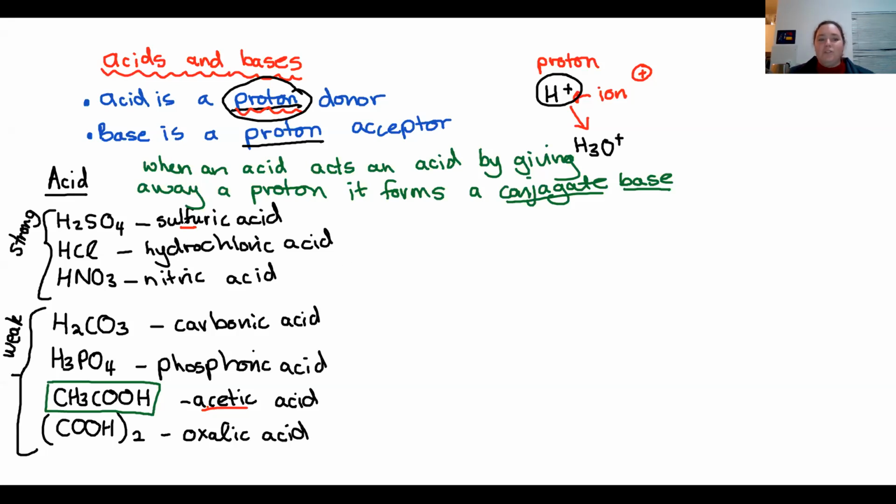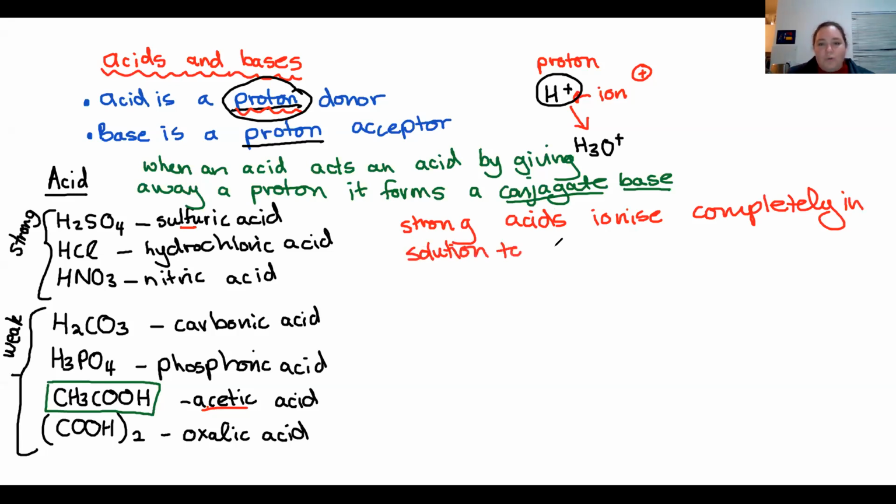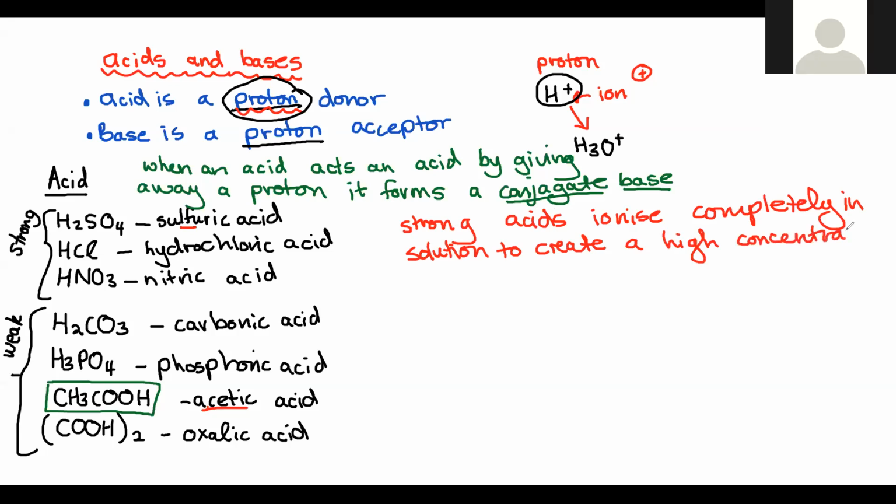I want to talk about what makes something a strong acid versus a weak acid. Strong acids ionize completely in solution to generate a high concentration of H3O plus ions, hydronium ions.